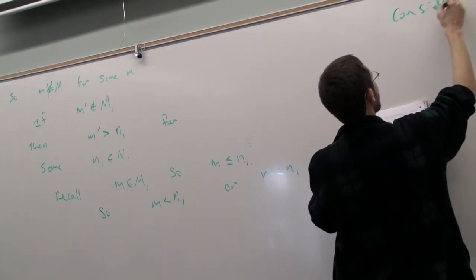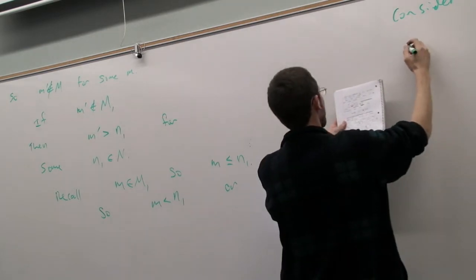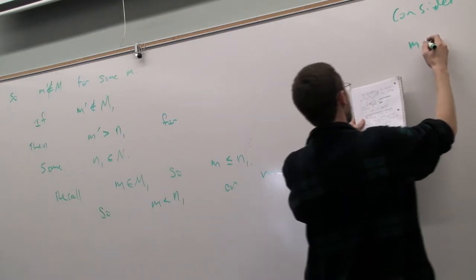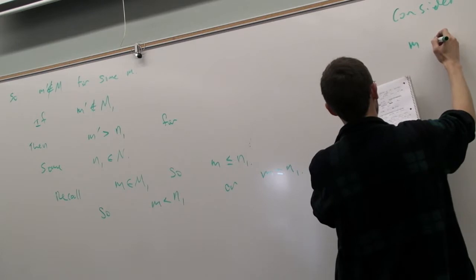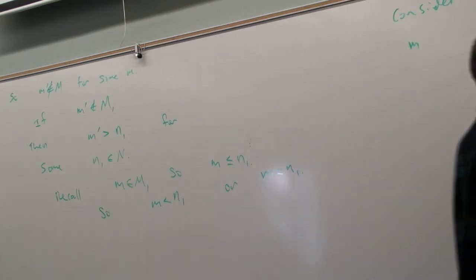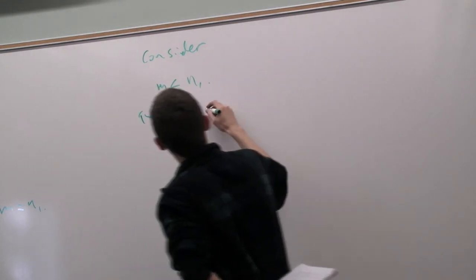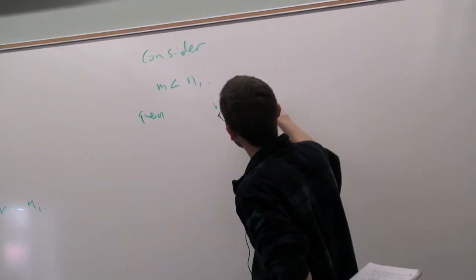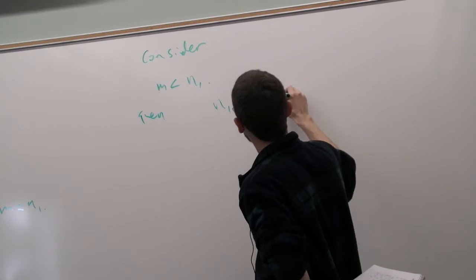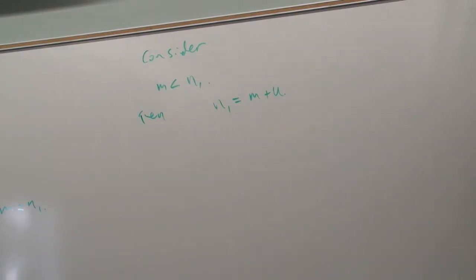So we're going to consider the M less than N1 scenario. What does this mean? It says N1 is equal to M plus u for some number u.